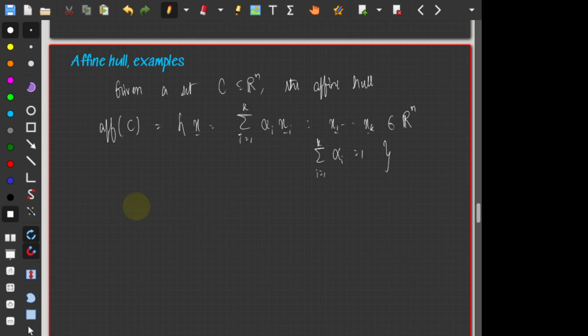So in some sense, this is the smallest affine set that contains the set C. So let's take an example.